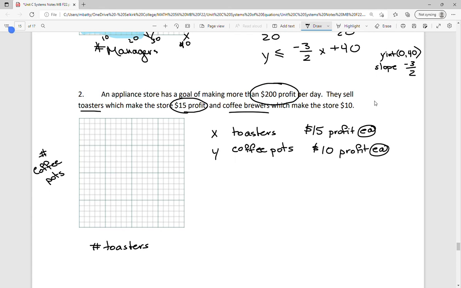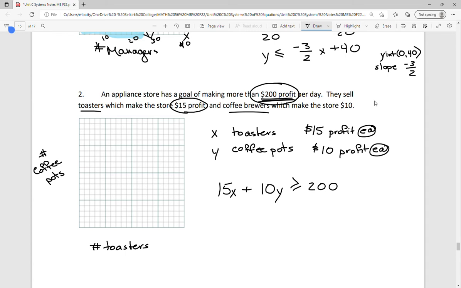So if I were to craft this into an equation, what they make off toasters is 15 times the number of toasters that they sell. And what they make off of coffee pots is 10 times the number of coffee pots that they sell, right? This is all about the profit. I know that my constraint says that they have to make at least $200 a day. So that could be greater than or equal to $200.